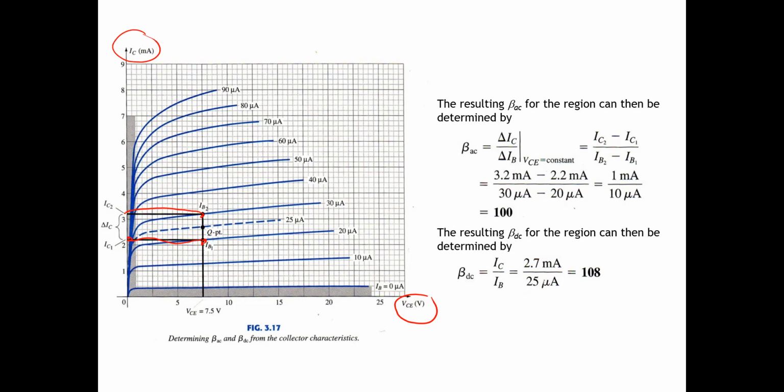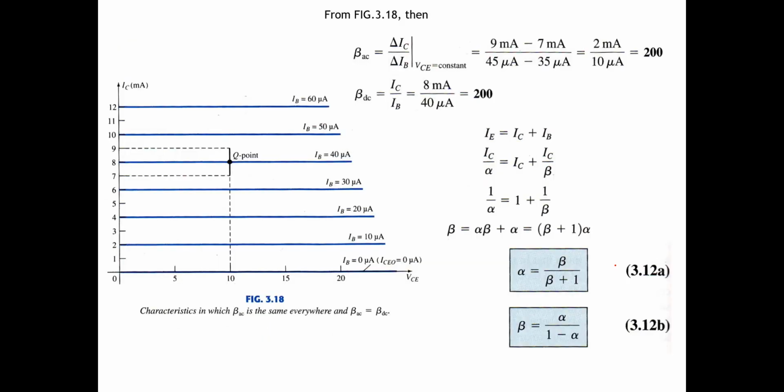So delta IC is IC2 minus IC1, and delta IB is IB2 minus IB1. We get that the beta AC is 100. And if we calculate the beta DC, IC per IB, for example in the middle of this comparison, we get 108. It's not very far from beta AC.